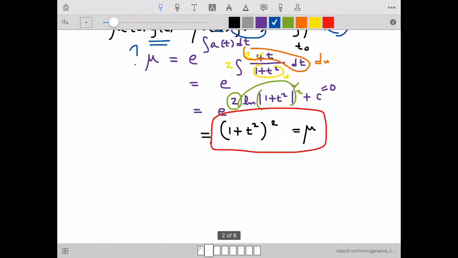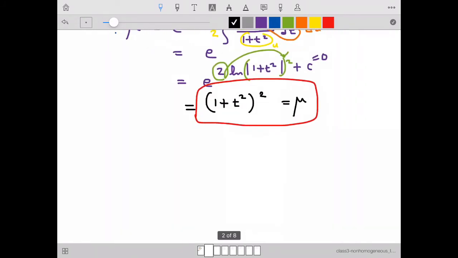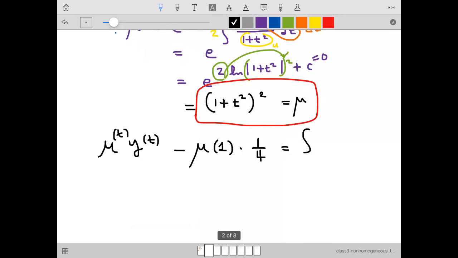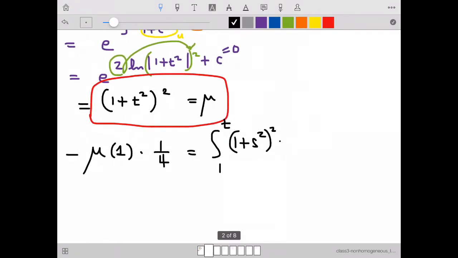So mu of t times y of t minus mu of t0 times y of t0, and mu of t0 is 1, y at t0 is 1/4, is equal to the integral from t0 to t of mu of s times b of s, so it is s over 1 plus s squared ds. That's what we have.